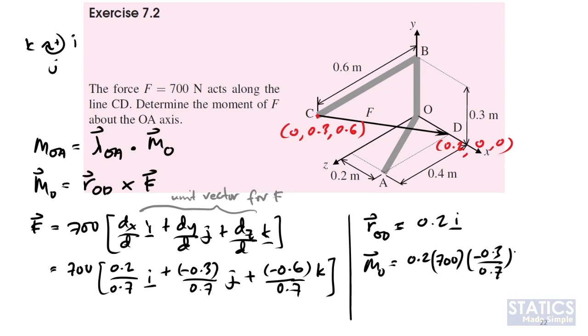So i cross j will give you positive k, and then i cross k will give you negative j, my bad. So here we have 0.2 times 700 over 0.7 and then minus 0.6 over 0.7.